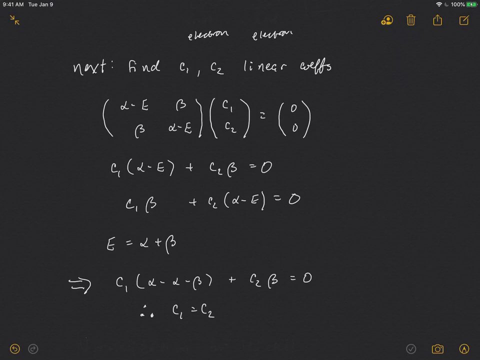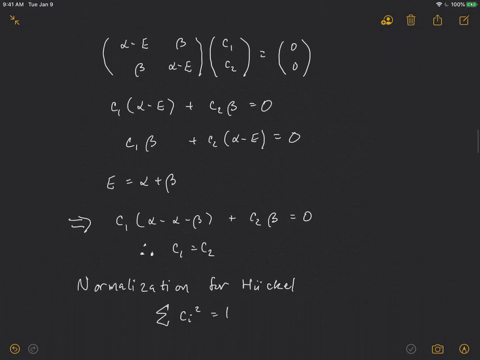And of course the alphas cancel, and we get minus C1 beta plus C2 beta equals 0. That can only be true if C1 equals C2. So this ends up being a symmetric wave function where both of the linear coefficients are positive, or they're both negative. They're both the same sign.